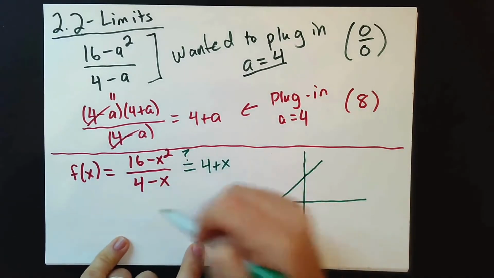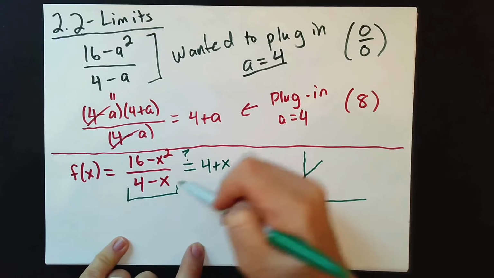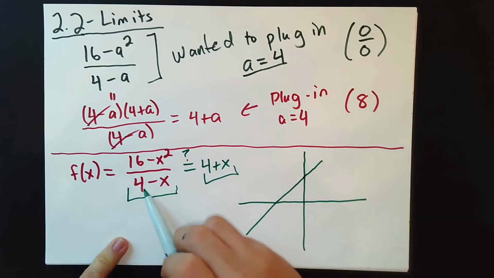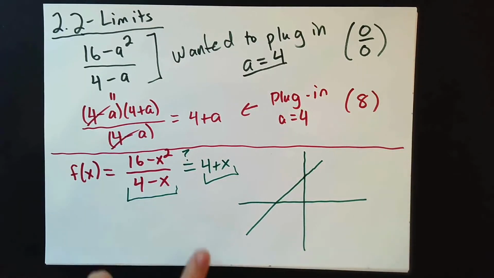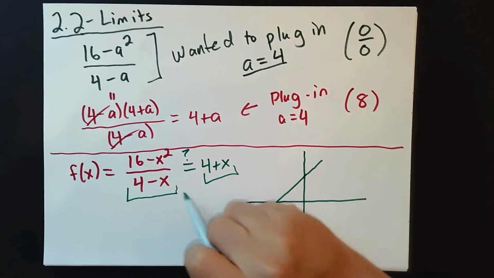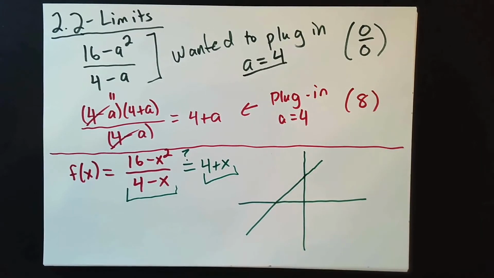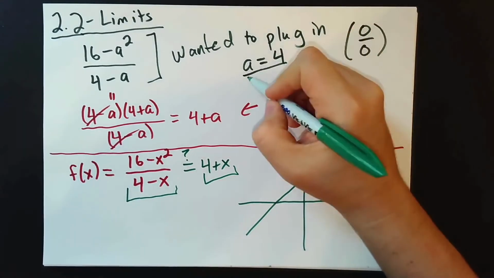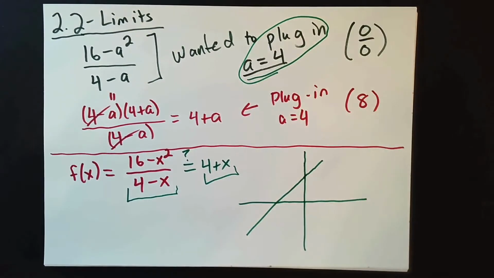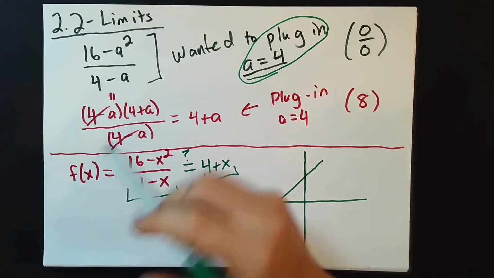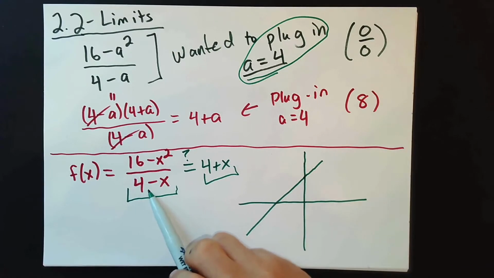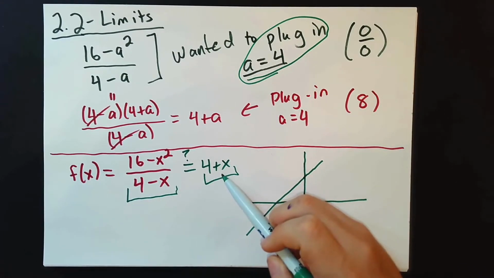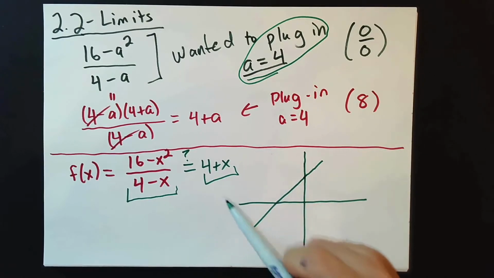which is that there is one crucial difference between the thing on the left and the thing on the right. And what's the crucial difference between the thing on the left and the thing on the right? It's the magic 4. If I plug in 4 to the thing on the left, it's undefined. If I plug in 4 to the thing on the right, it's 8.